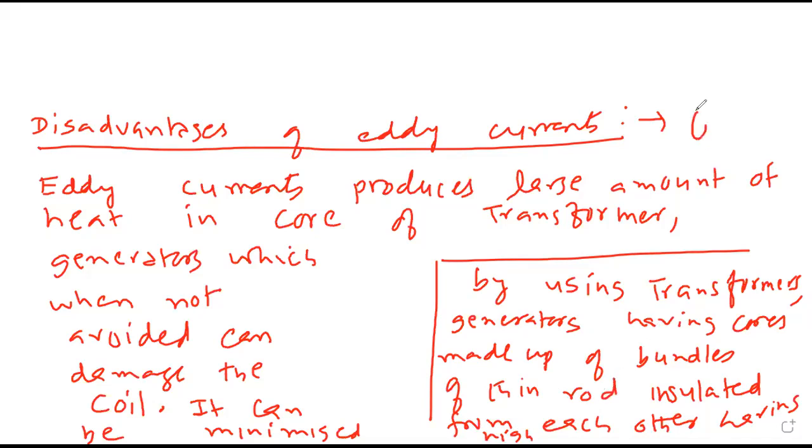So instead of having a single cylindrical support, we have many rods joined together. In between we put insulators. Resistivity high, current will be less, heat produced will be less. Copy this: disadvantage and how it can be minimized.